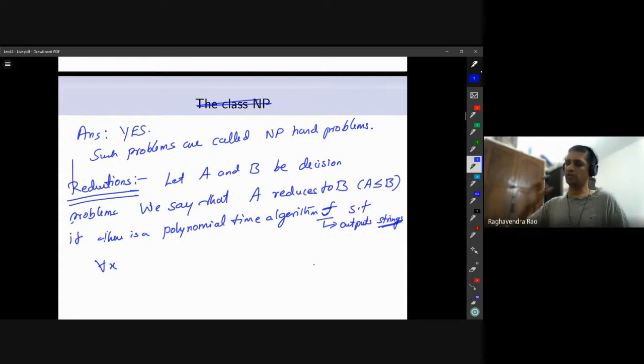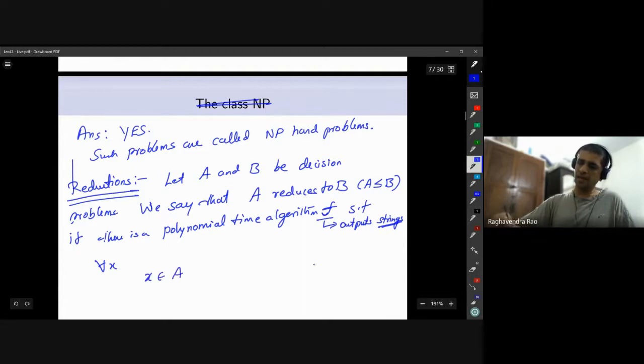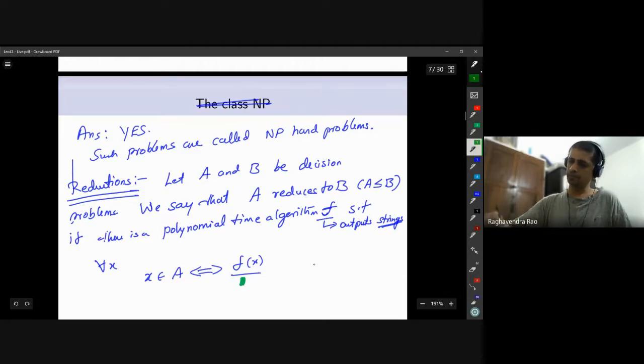That is why we use the term string. So for all x, x is in A if and only if f of x, the output of f on input x, is in B.